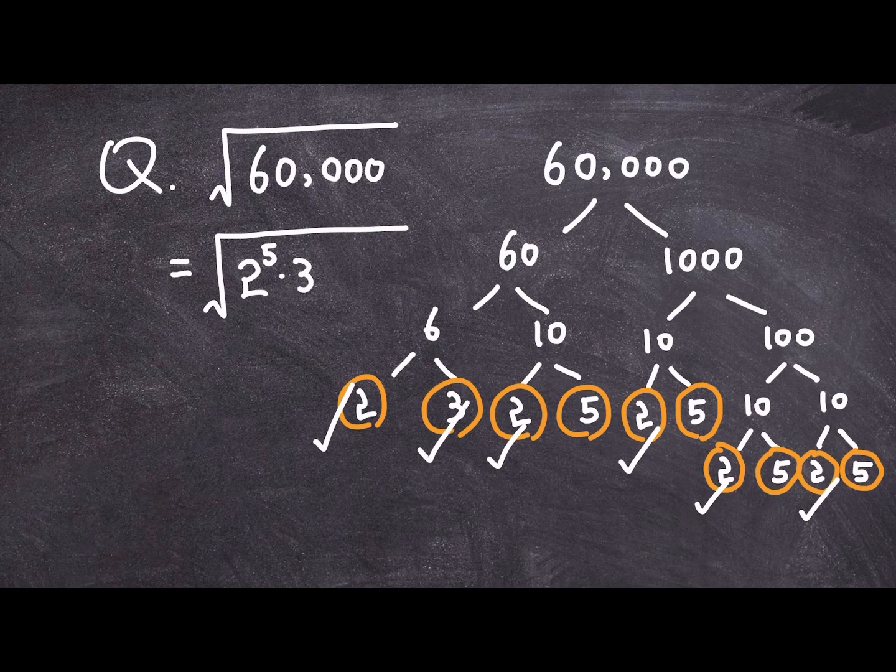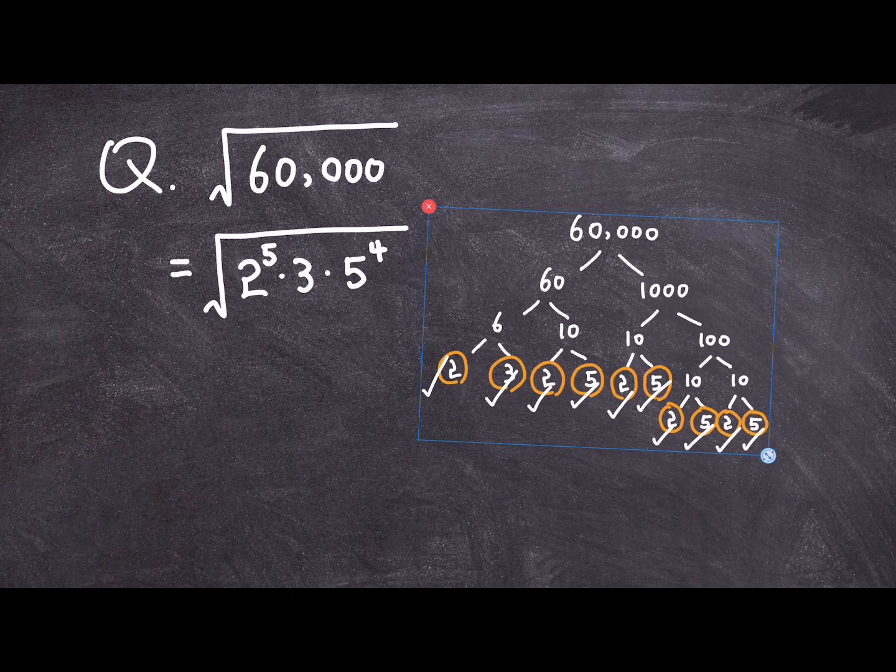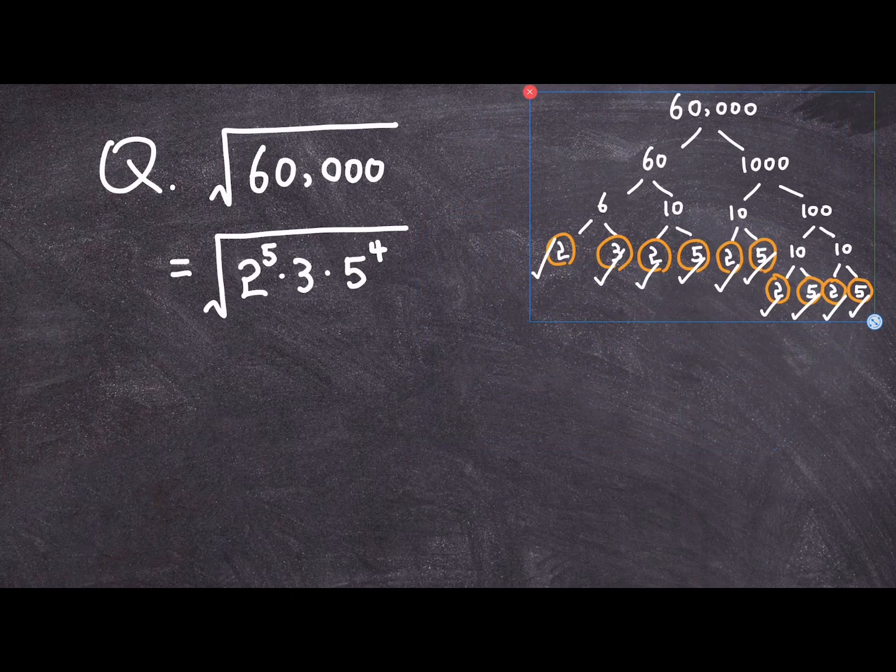So 3, and how many 5's do I have? 1, 2, 3, 4. 5 to the power of 4, or 5 times 5 times 5 times 5, or 5 multiplied 4 times. So those are everything. I have checked off all the prime numbers that make up 60,000. So I am going to put this factorization tree aside for your reference right here and keep on simplifying this.